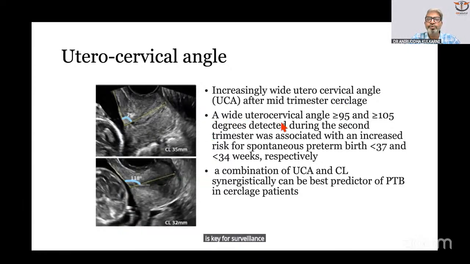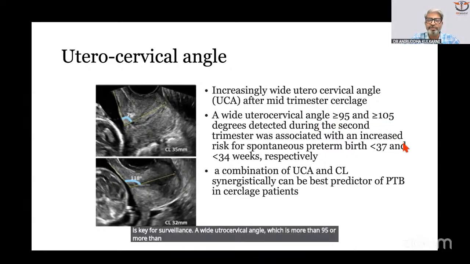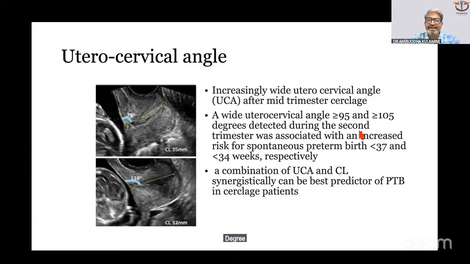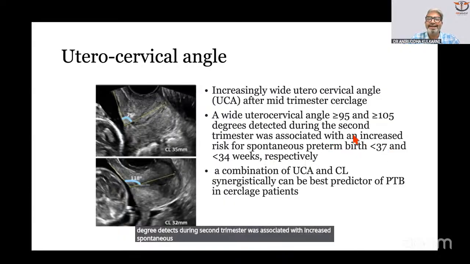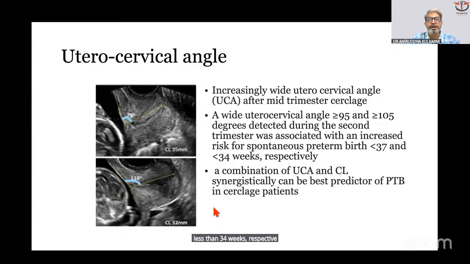A wide uterocervical angle, which is more than 95 or more than 105 degrees, detected during the second trimester, was associated with increased risk for spontaneous preterm labor at less than 37 or less than 34 weeks respectively. A combination of uterocervical angle along with cervical length can act as a better predictor of preterm labor.